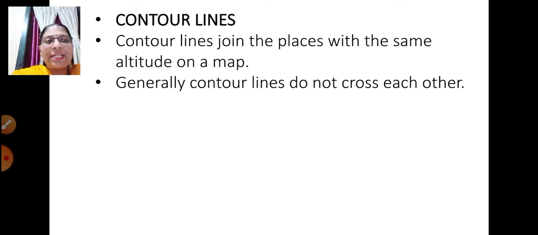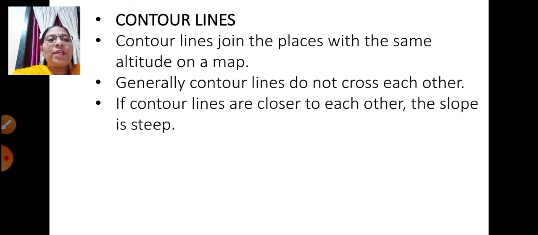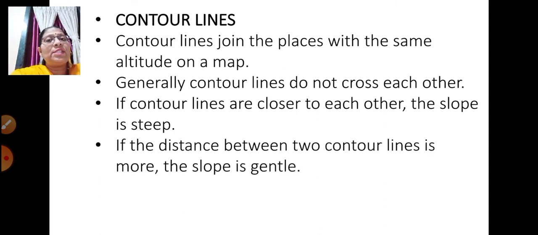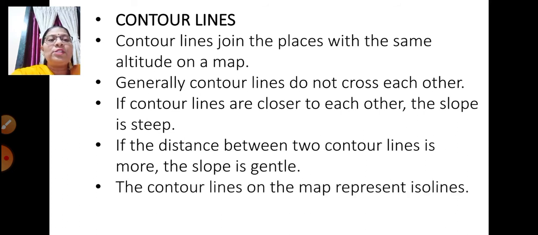They are not intersecting or crossing each other. If contour lines are closer to each other, the slope is steep. If the distance between the contour lines is more, the slope is gentle. The contour lines on the map represent isolines.